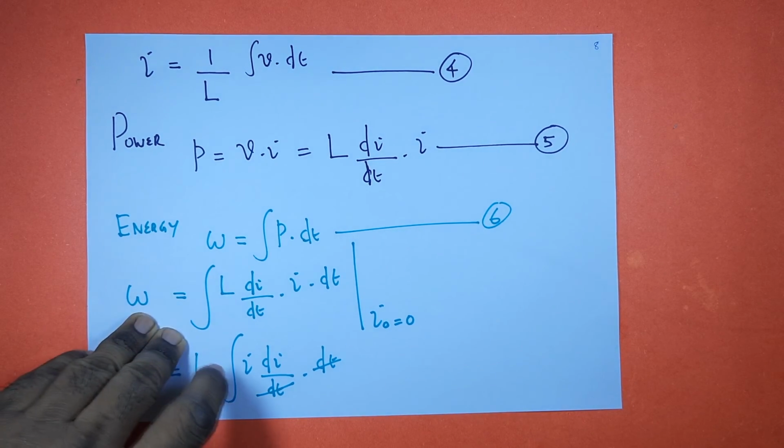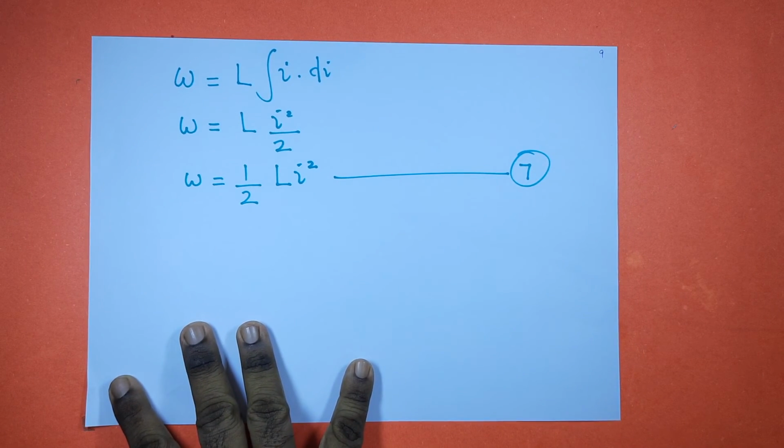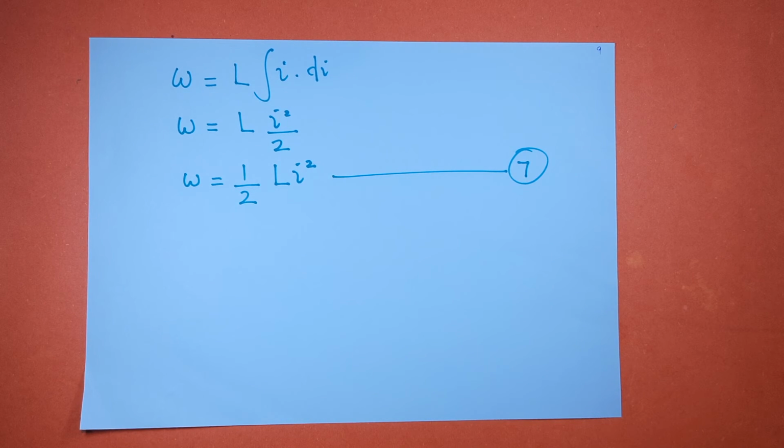Finally, we get W equal to L integral i di. Integrating, W equal to L i square divided by 2.